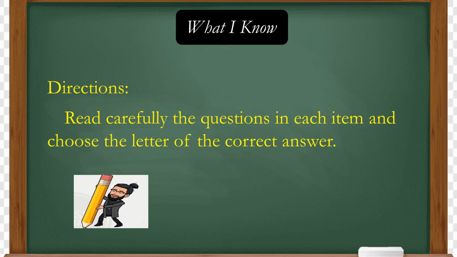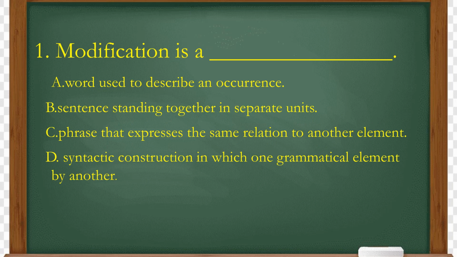Number 1. Modification is a A. word used to describe an occurrence. B. Sentence standing together in separate units. C. Phrase that expresses the same relation to another element. D. Syntactic construction in which one grammatical element is modified by another.